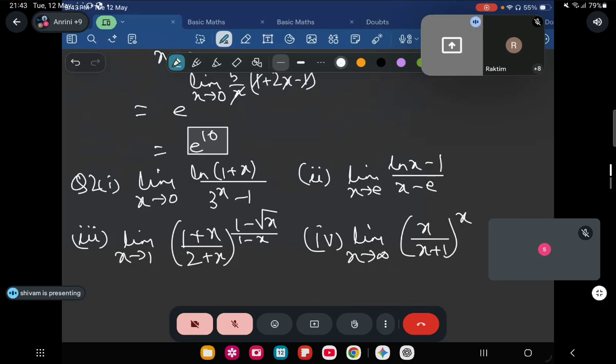Shamita, part 1 is correct. Yes, Raktim, now it is correct.